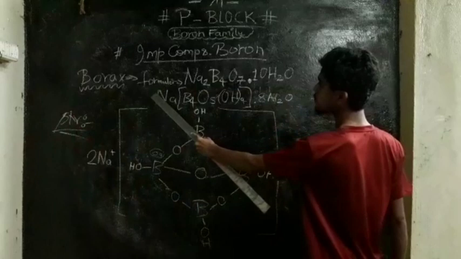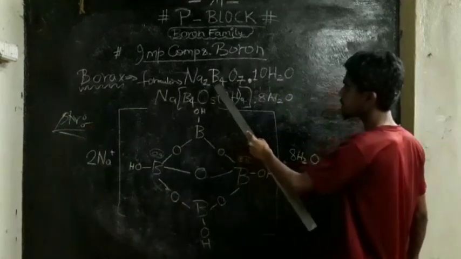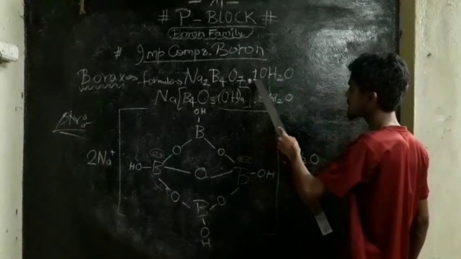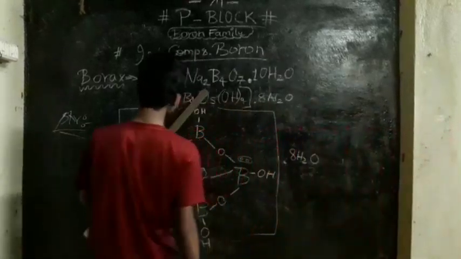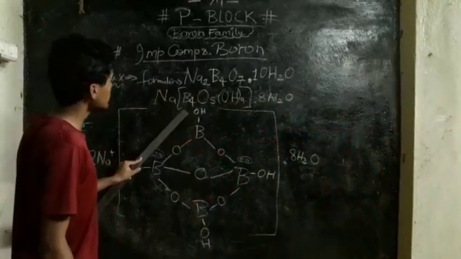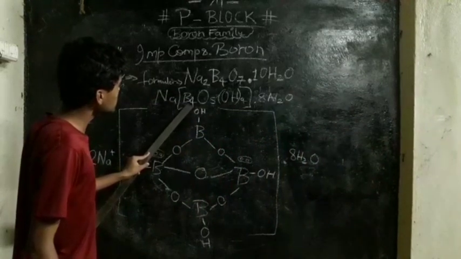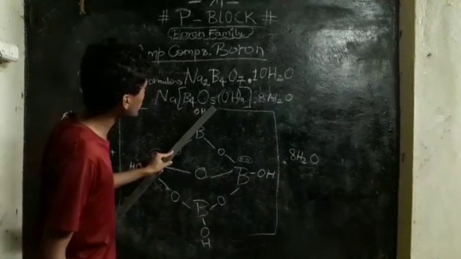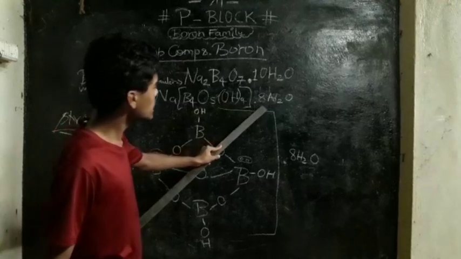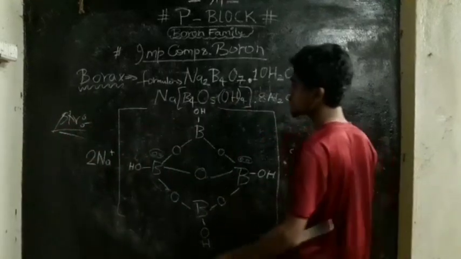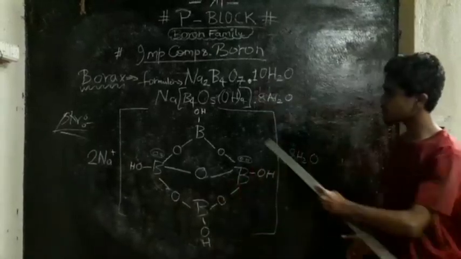The formula of borax is Na2B4O7.10H2O, with 10 water molecules. We can also write it as Na2[B4O5(OH)4]·8H2O, with 8 water molecules. The structure of borax is somewhat like this.